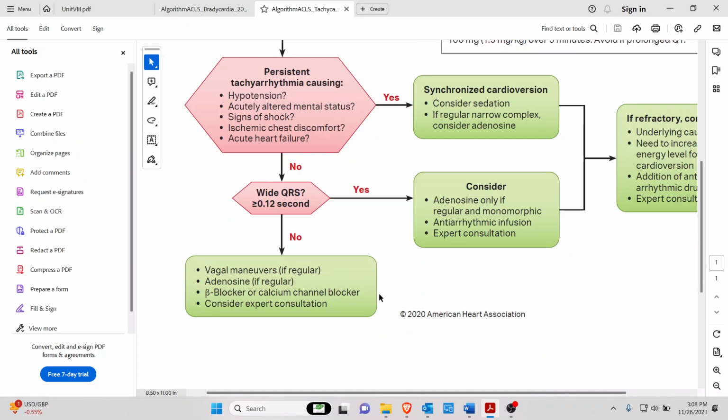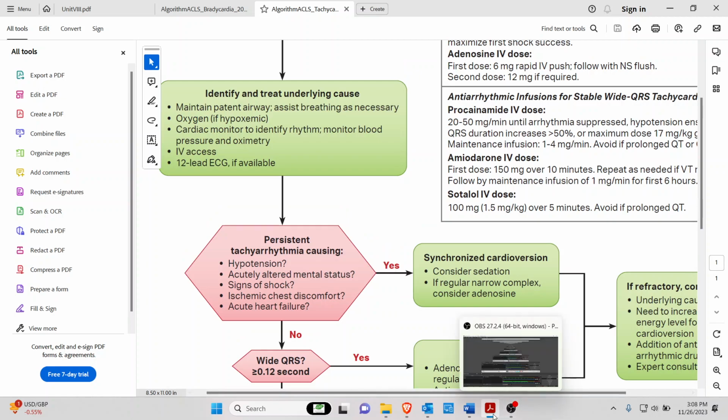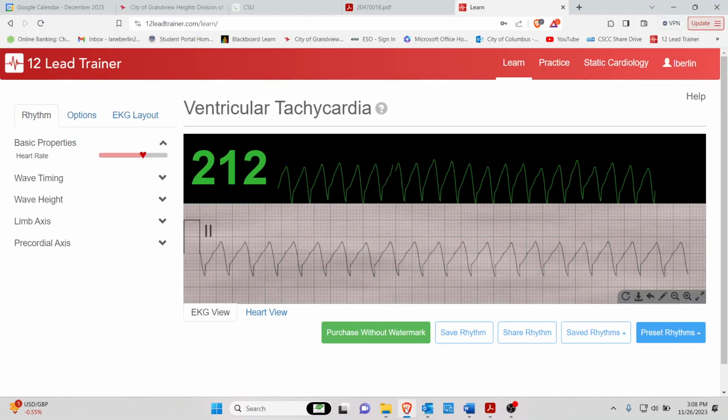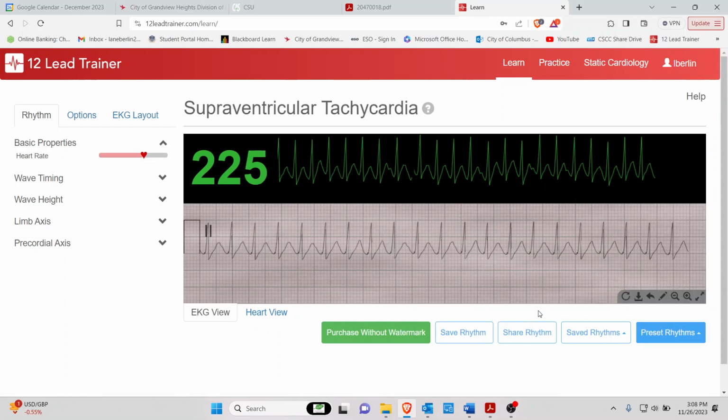So I talked about two different kinds of tachycardias. I talked about two different kinds of pharmaceutical treatments. Now let me make it easy for you. I have a person who has a tachycardia of greater than 150. So that's ventricular tachycardia or SVT.